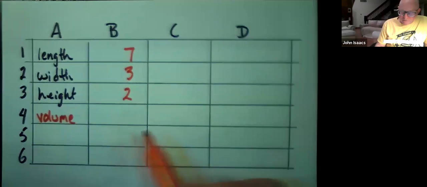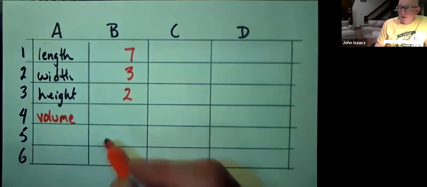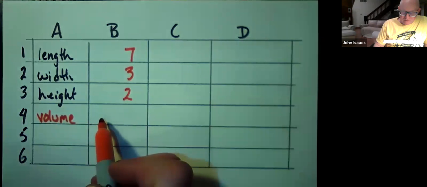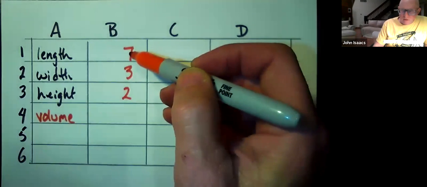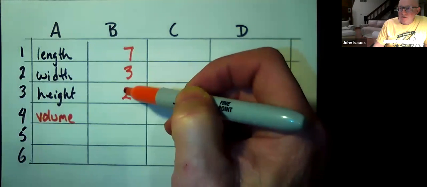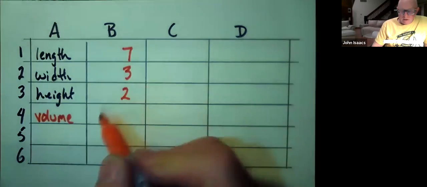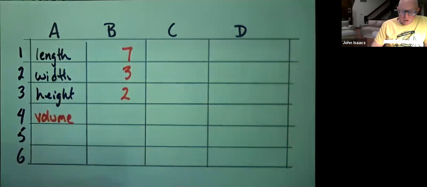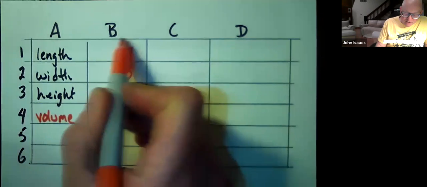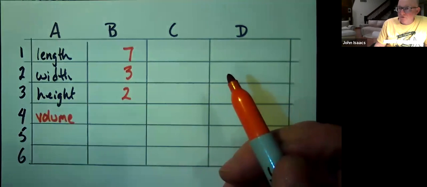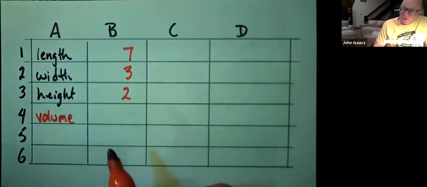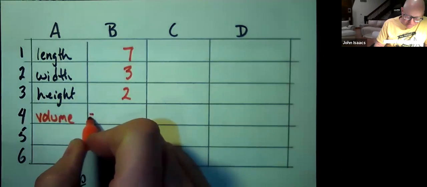And here you might do an equation. So this equation would want to be this number times this number times this number. But we're not going to say 7 times 3 times 2. We're going to use the cell that 7 is in to refer to it. So equations always start off with equal signs.